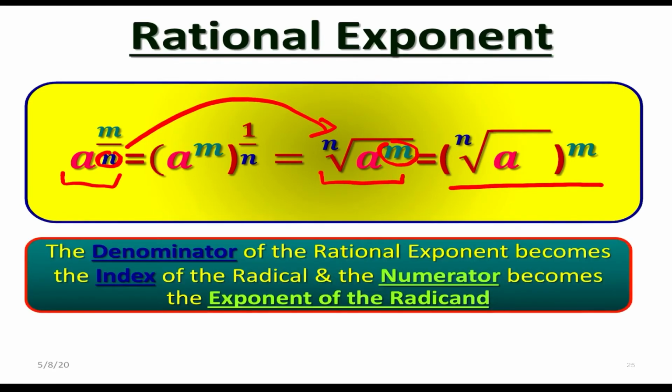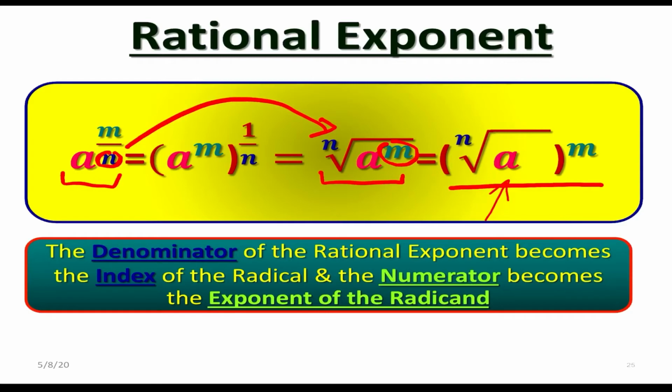So again, the denominator of the rational exponent becomes the index of a radical, and the numerator, the top number, becomes the exponent of the radicand. The radicand is the expression underneath your radical symbol. So the radicand in this case is a, or the base.